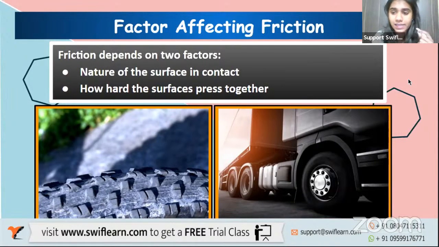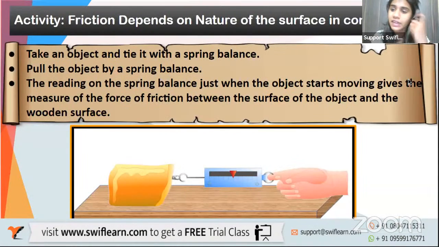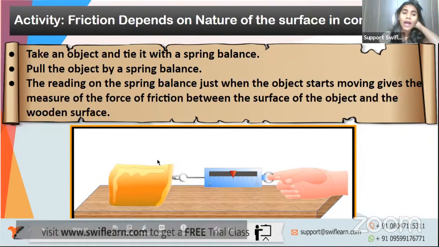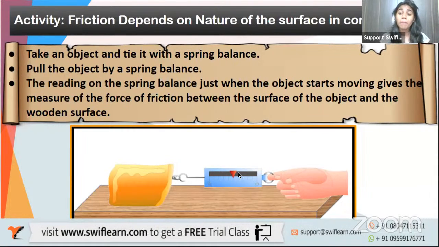Now, let us understand these two points a little better with an experiment. Imagine or take any object. Here I have taken this object, which is a wooden block, and I am tying it with a spring balance and placing it on a surface.